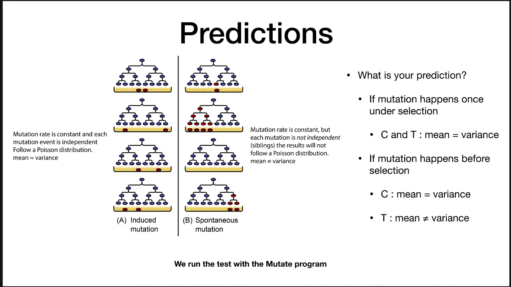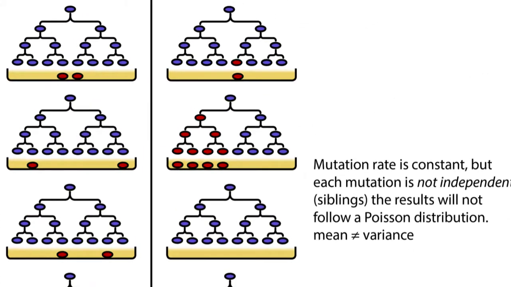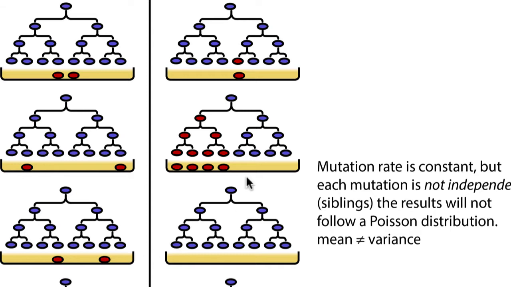If a mutation occurs before selective pressure is applied, during the growth of the culture, before it's put on the plate, each change to resistance will not be independent. To understand why, think about the time the mutation occurs. If the mutation occurs early when the culture is growing up, shown here on this second panel, the mutant strain has a chance to multiply, and there will be many bacteria in the culture that are phage resistant.